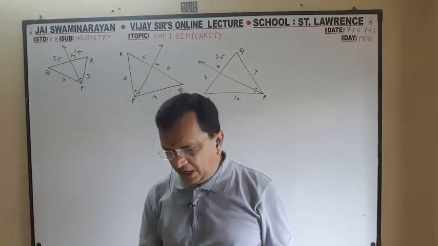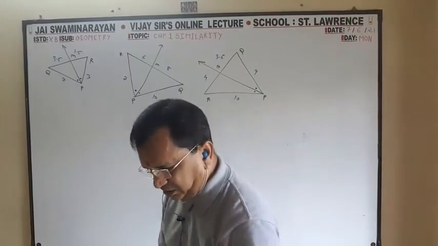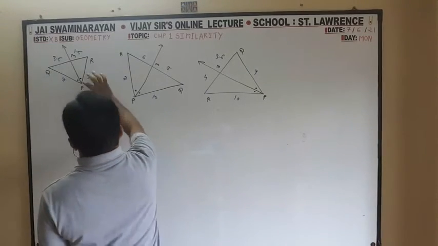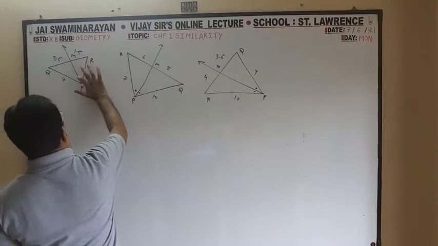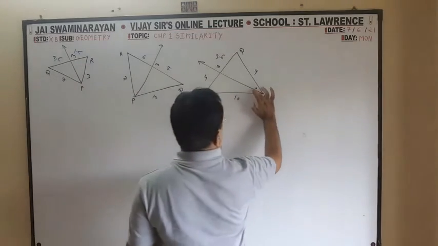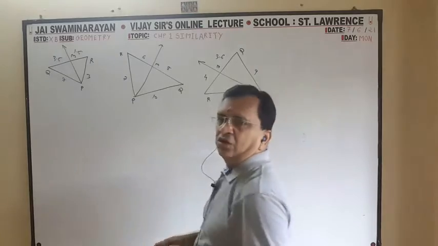Everything is given. You have to prove whether it is an angle bisector or not.